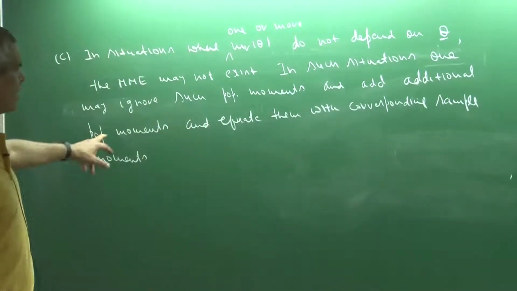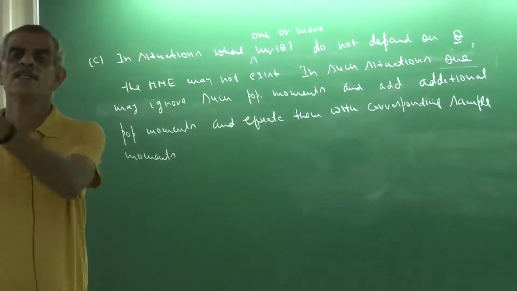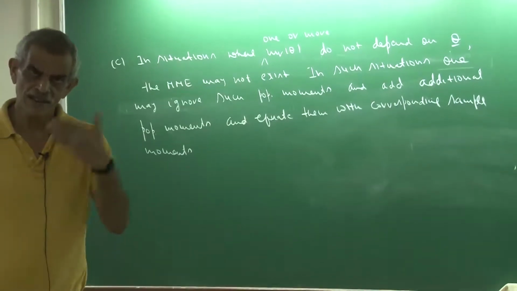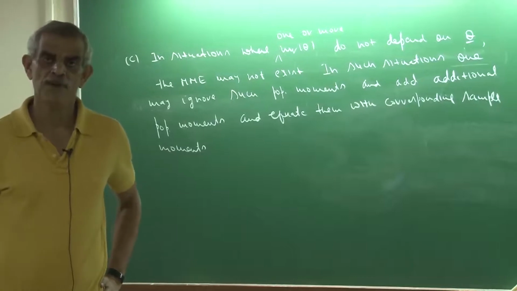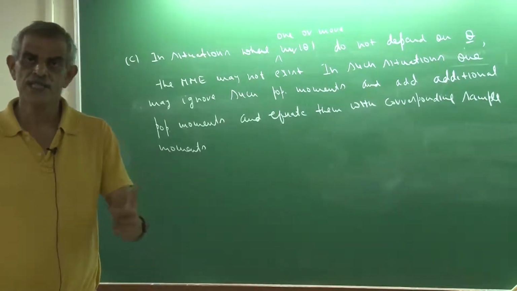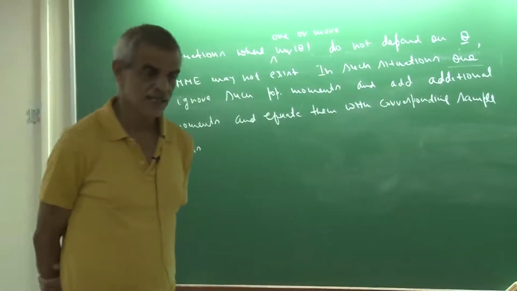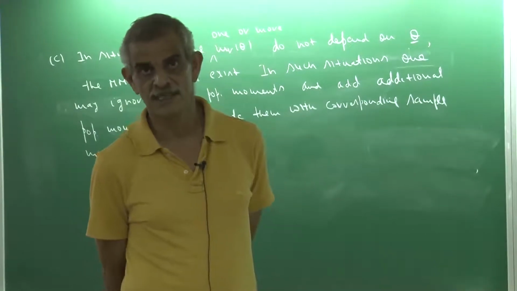So what this remark is suggesting is, in such situations, one can go to higher moments, or one can have additional population moments and equate them with sample moments. So in the normal(0, theta) case I go to the second moment because the first one is not giving me anything. The second population moment is theta, which is the variance.